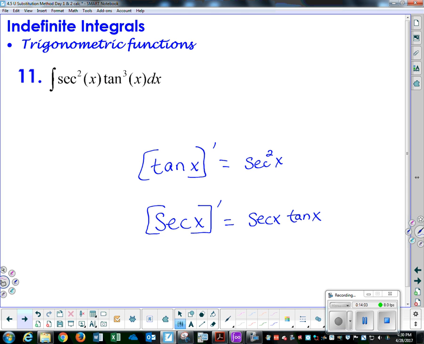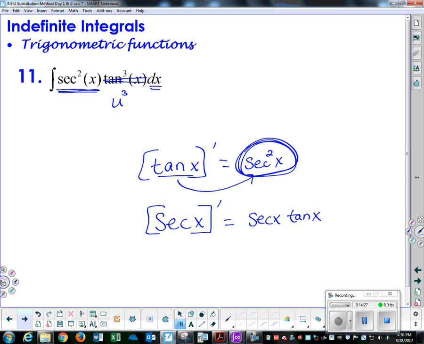Which should I let be my u? Well, because tangent's derivative yields secant squared, if I replace tan x with u, that gives me u cubed. Notice that I get a secant squared dx left alone, which is going to be this right here, isn't it?